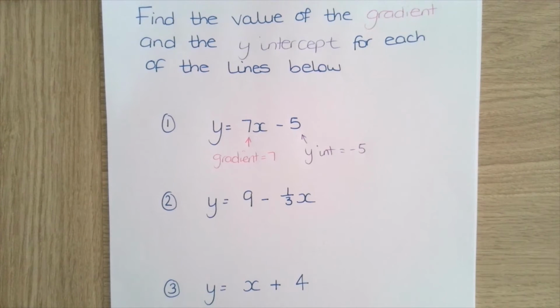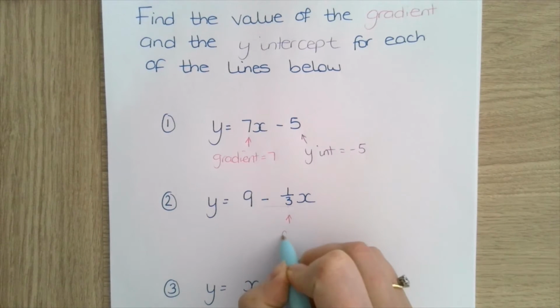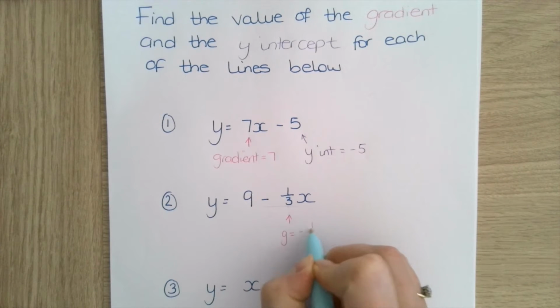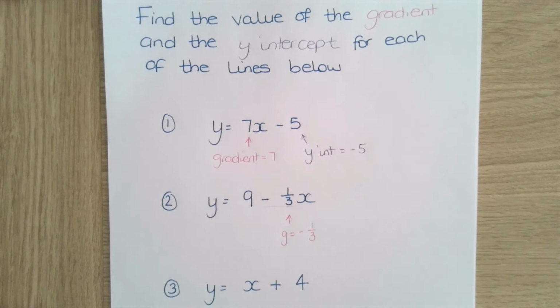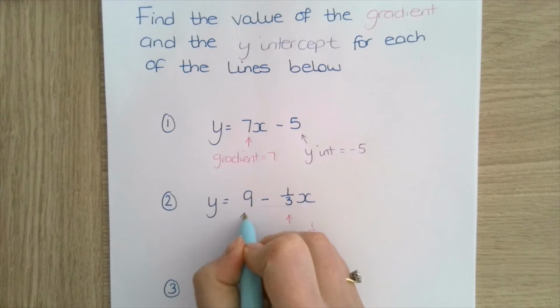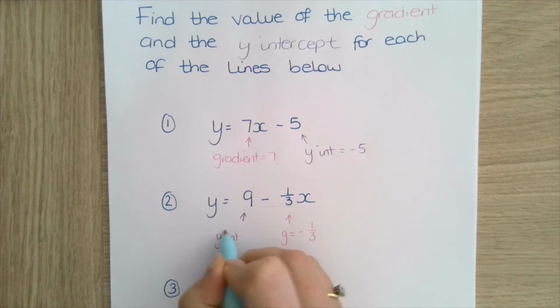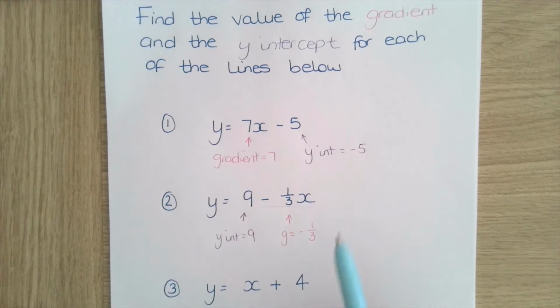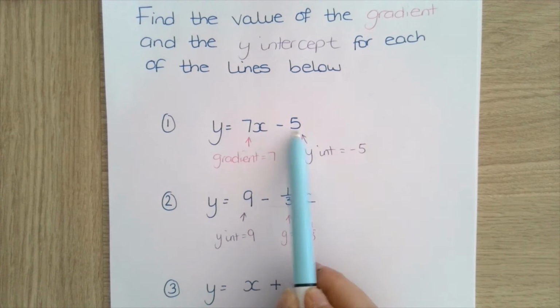Number 2, my gradient, as I mentioned earlier, the gradient is always what's with the x. So the gradient here is actually -1/3. My y-intercept is the number that's on its own. So that's 9. So just watch out. It doesn't have to be in the order mx plus c.